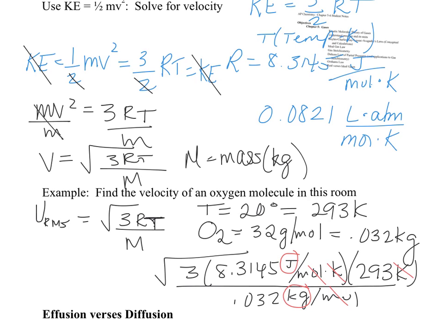So when we do the math on this, this is going to be equal to approximately 478 joules per kilogram, which is equivalent to meters per second. Okay, so that's how we would use that. Let's move on.